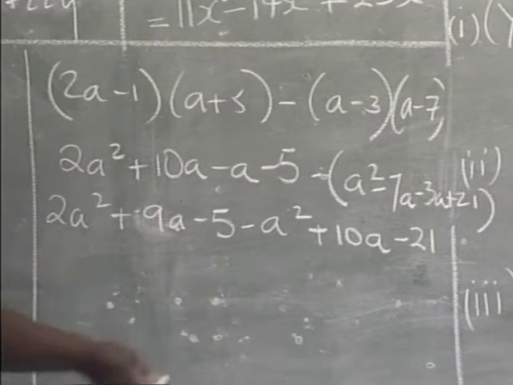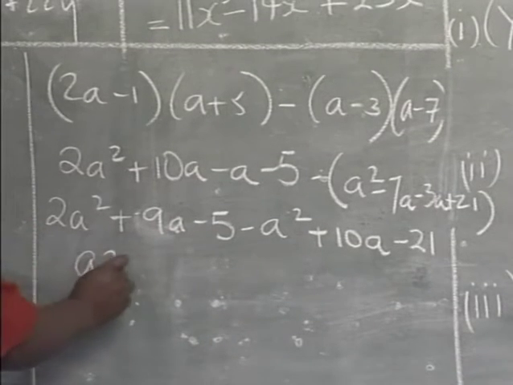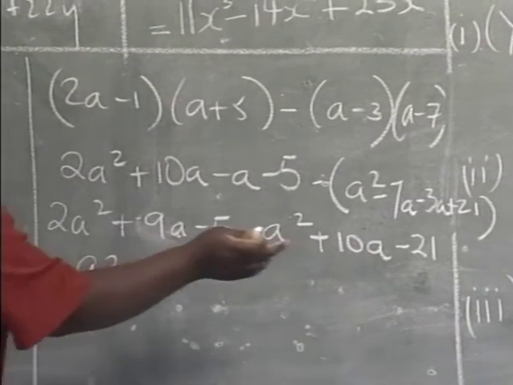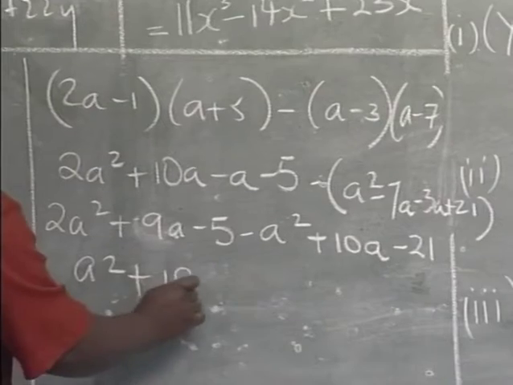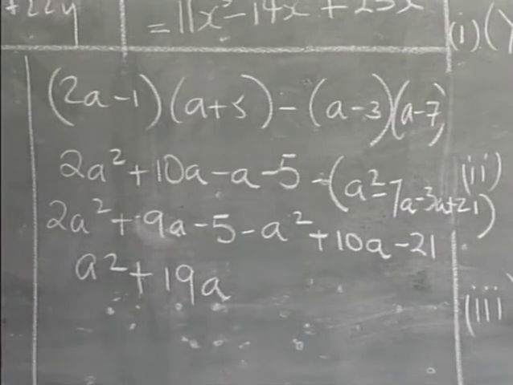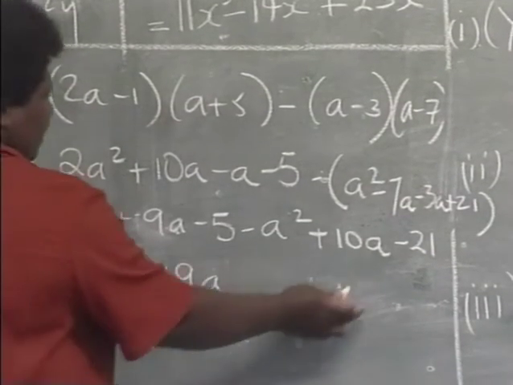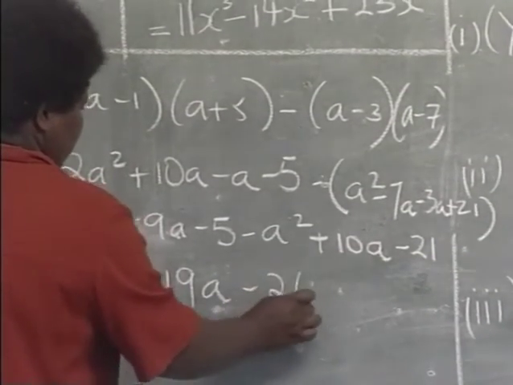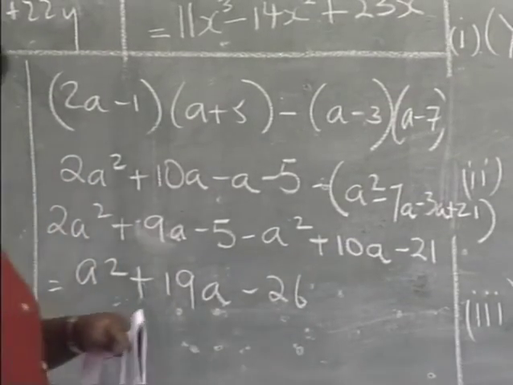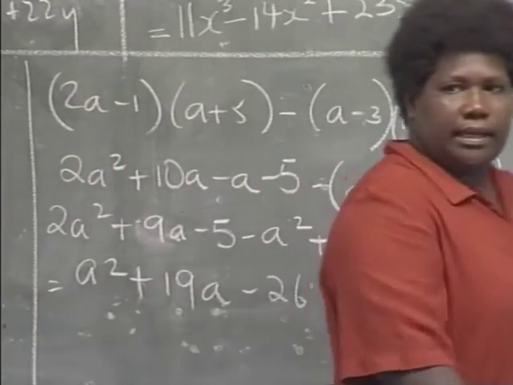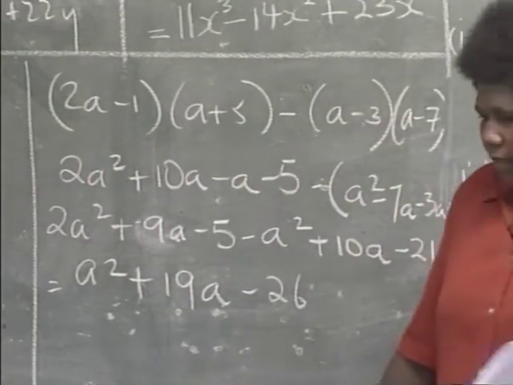So 2a squared minus a squared is 1a squared. 9a plus 10a is 19a. Minus 5 minus 21 is negative 26. So the answer is a squared plus 19a minus 26.